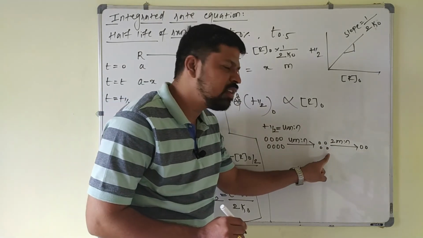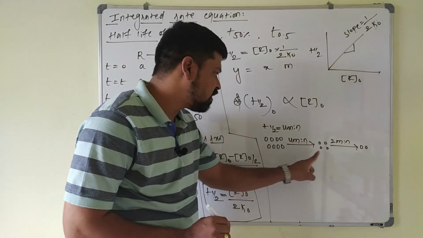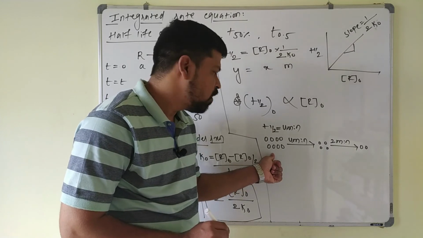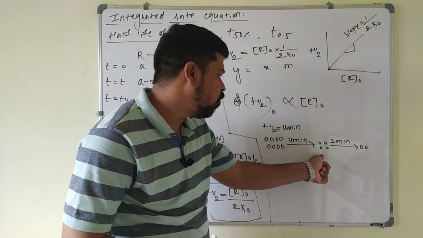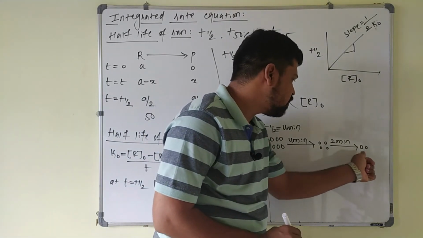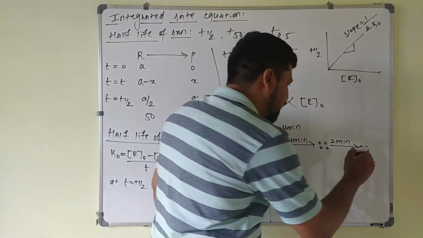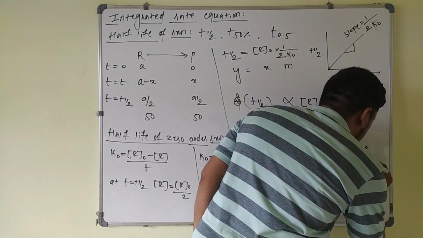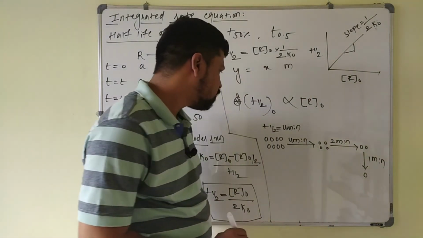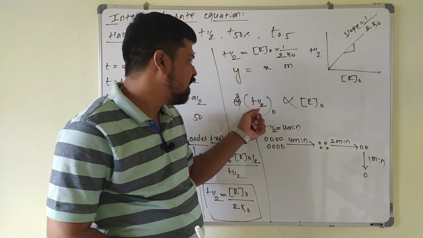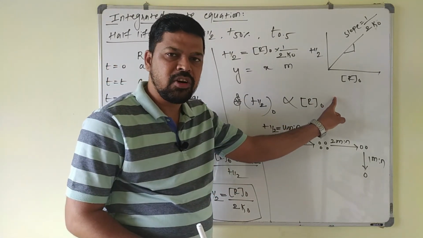To convert 2 mole into 1 mole, 1 minute is required. Like this, half-life of the zero order reaction is directly proportional to initial concentration.